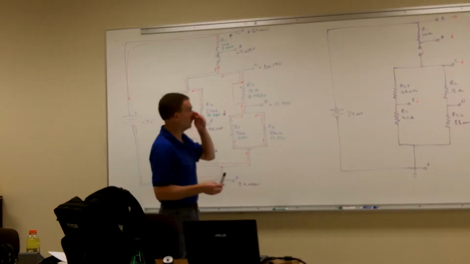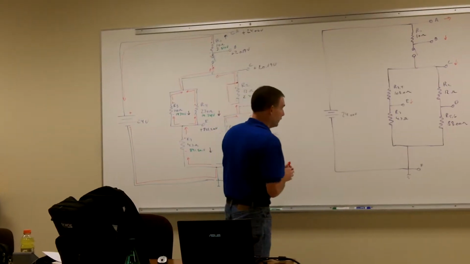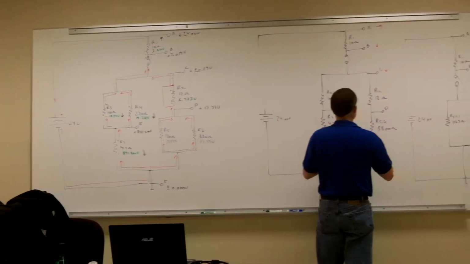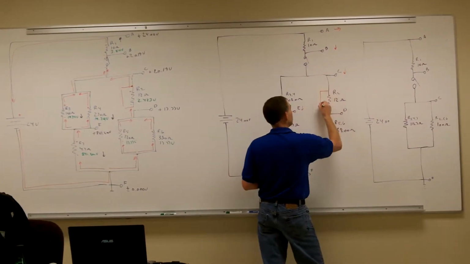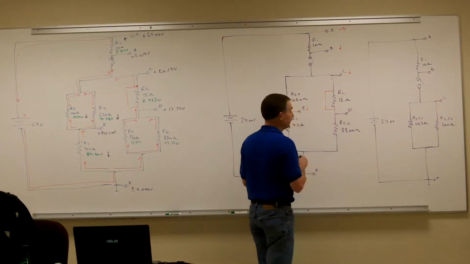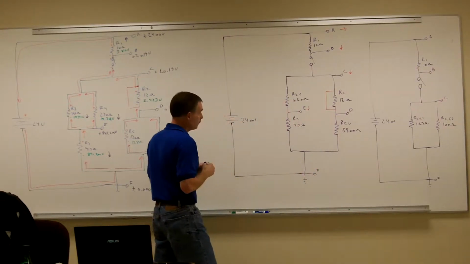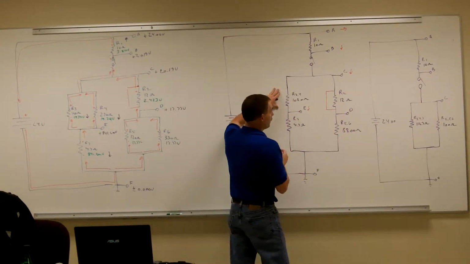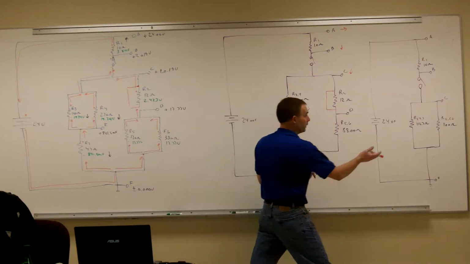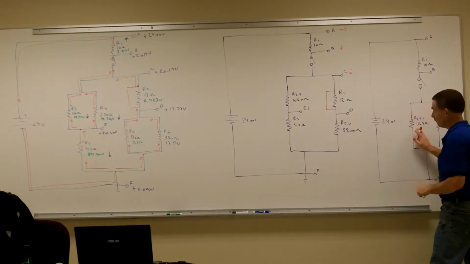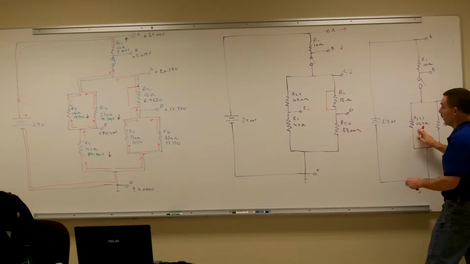So let's see what would be the easiest way. Let's just take it the long way. We know that R2 is shorted out, so that changes our circuit. We know that R3, 4, and 7 didn't change at all, so that resistance is okay and we don't have to recalculate it.